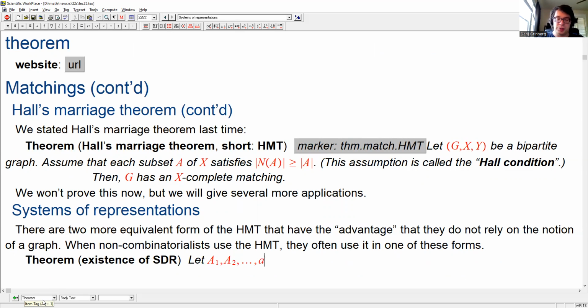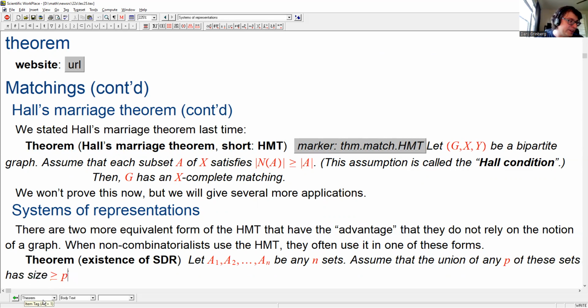Let A1 ... An be any n sets. Assume that the union of any p of the sets has size at least p for all p between 0 and n. So in other words, let me make this rigorous.